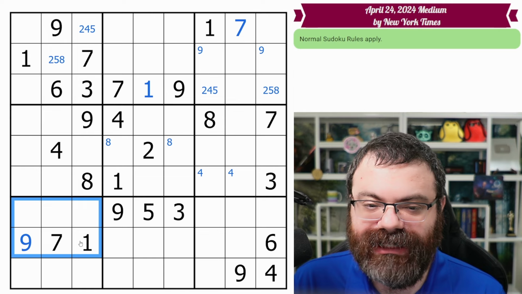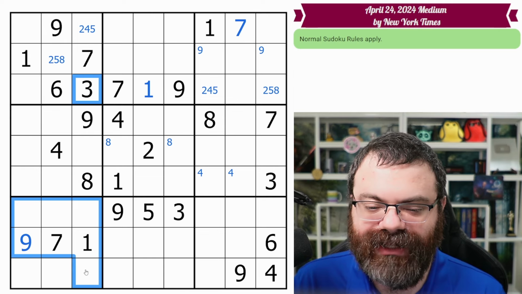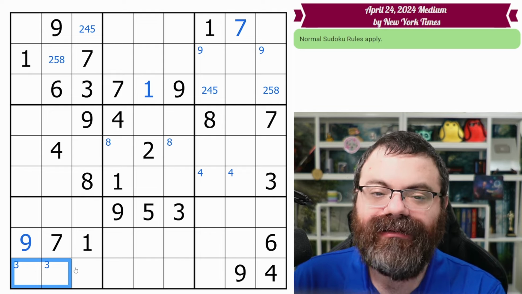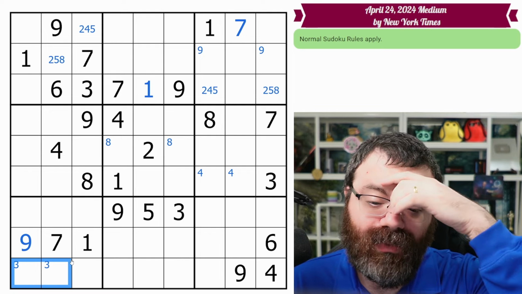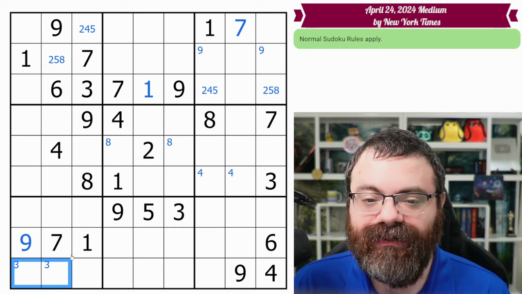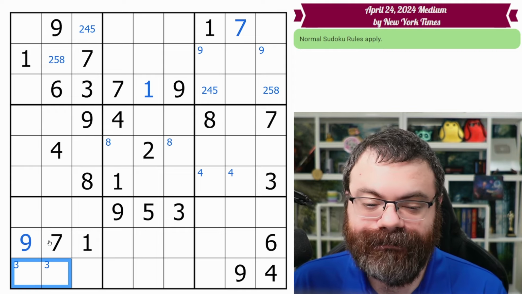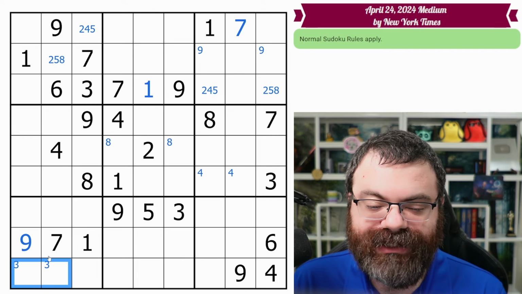So what we can do first is look at this box and say, well, then where can 3 go in the box? We have this 3 up here also helping. So we can corner mark 3s in one of these 2. Now, when we do that, that's going to do something called pointing. Let's go over pointing. It's very important to understand pointing and the concepts behind it. So what do these corner mark 3s mean?